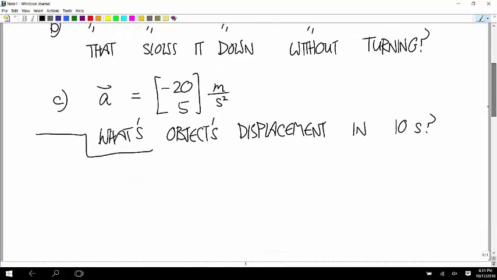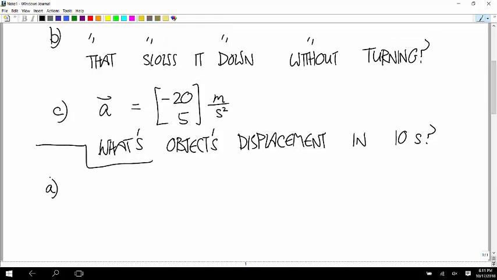So for A, the acceleration has to be in the exact same direction as the velocity vector. And one way you can think about that is, remember that if you multiply a vector by a positive number, that doesn't change the direction.